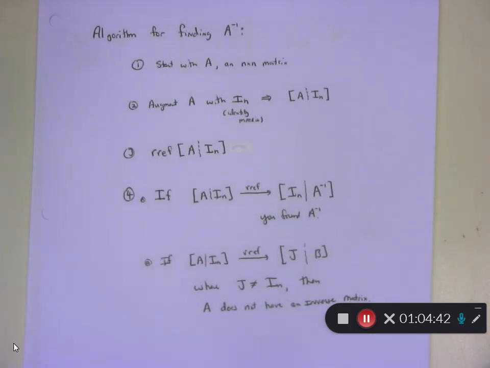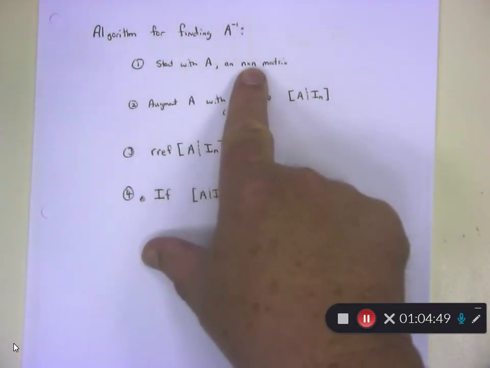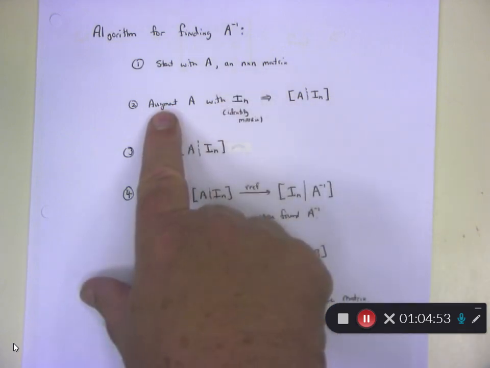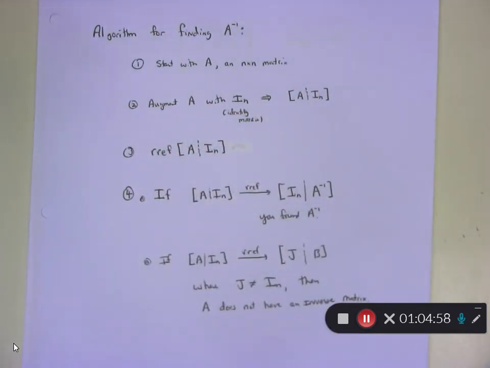Algorithm for finding A inverse. Start with A. First thing I'm going to check has got to be what? N by N. All right. Now, what we're going to do is augment A with the identity. This is actually brilliant computer science, and how it actually works.